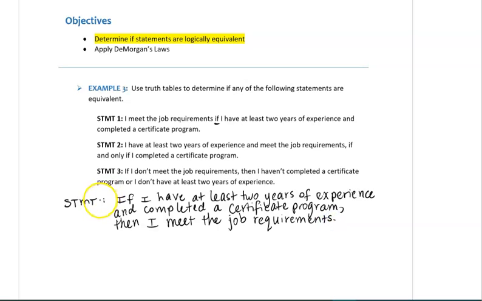So this is statement 1, written in an equivalent way.